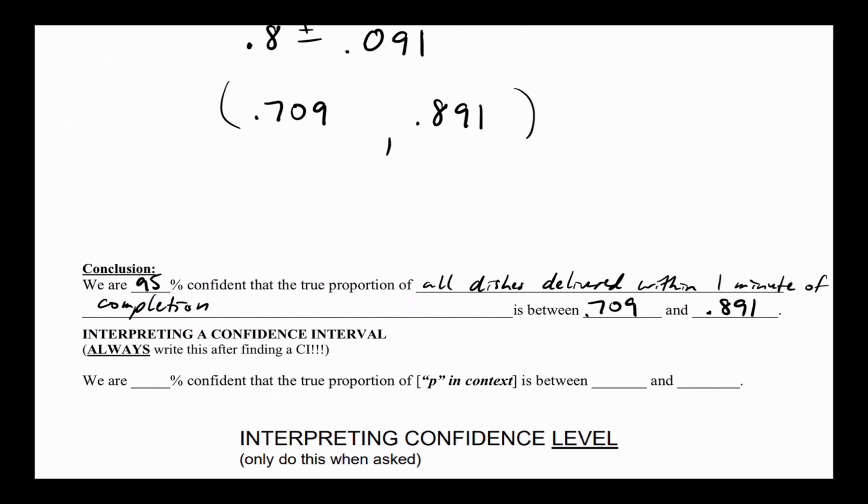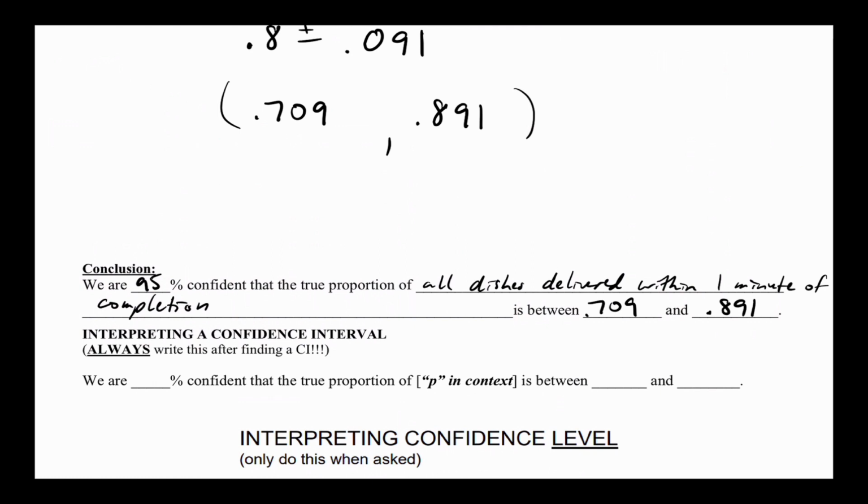So if someone makes a claim and says, I think the true percentage is 65%, I could say I'm 95% confident you're wrong. Based on my sample, if I did my sample correctly, I'm 95% confident that you're wrong, because 65% is not within the interval.